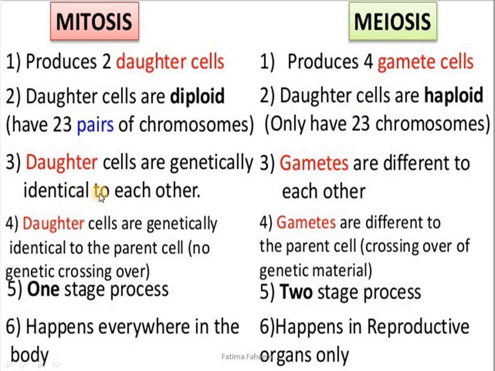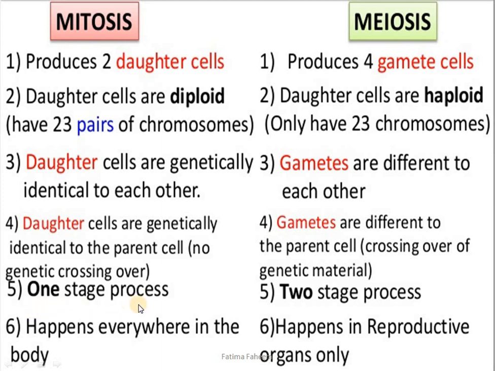In mitosis, the daughter cells are genetically identical to each other since there is no crossing over and only one parent was involved. So mitosis generates identical cells, while in meiosis, the gametes are different to each other. Daughter cells are genetically identical to parent cells in mitosis, like I told you before, since there is no crossing over here, while this happens in meiosis, so the gametes are different to each other.